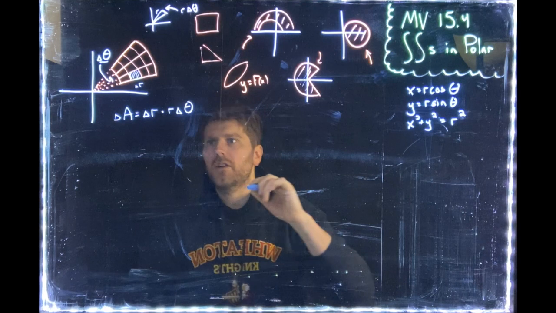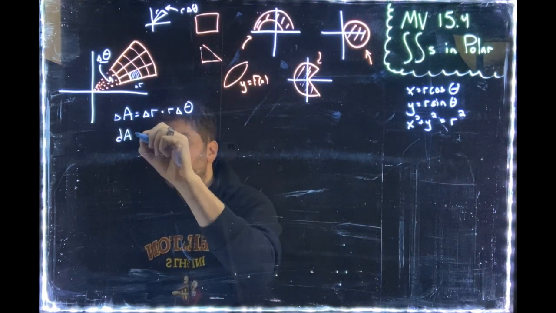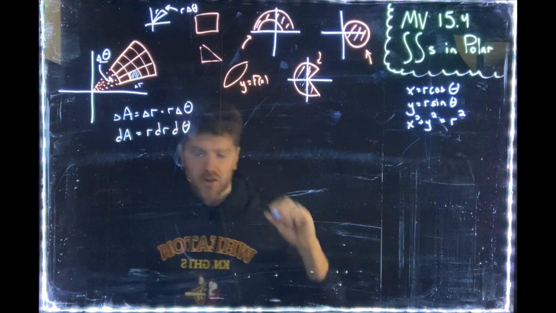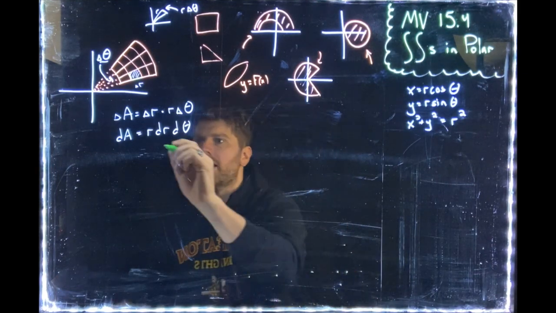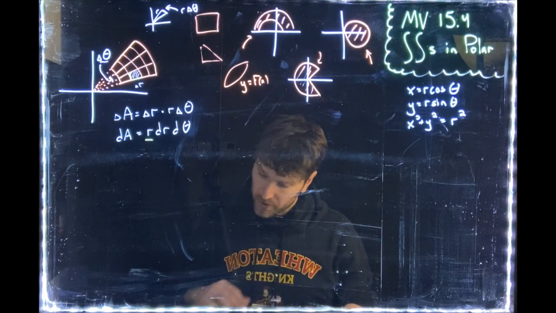So we end up with delta r times r delta theta, or if we're writing it in differential form, dA is r dr d theta. So this is, again, really interesting. The size of our little brick, our little tile dA, changes with radius.